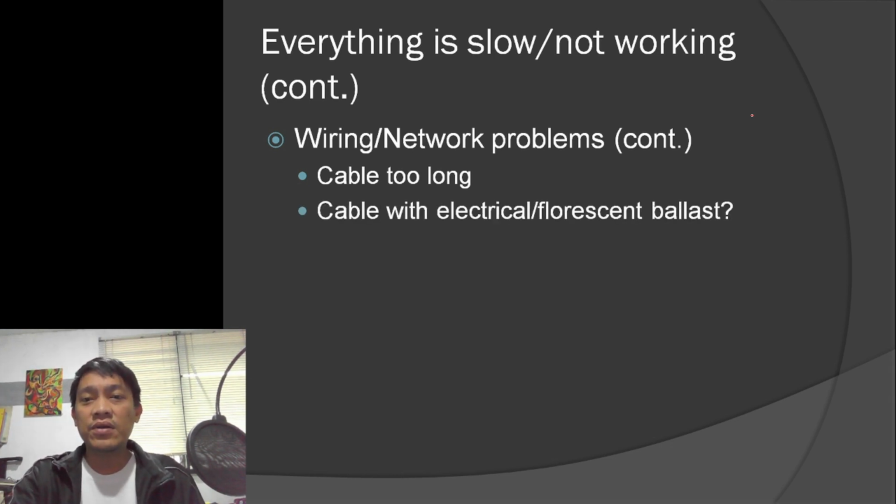Okay, cable with electrical or fluorescent ballast. So always remember that the power cables produce electromagnetic interference over your cable. So always remember that do not deploy cables parallel to power cables.